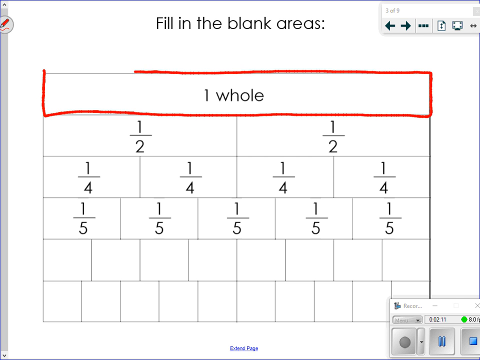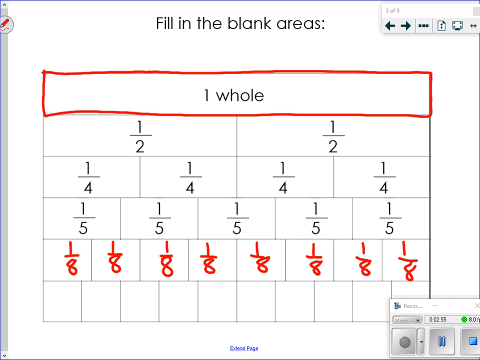This shows us that one whole is the exact same thing as 2/2 or 4/4 or 5/5 or 8/8, or as 10/10, ten tenths. And on and on and on. I could continue writing them all the way to the end.